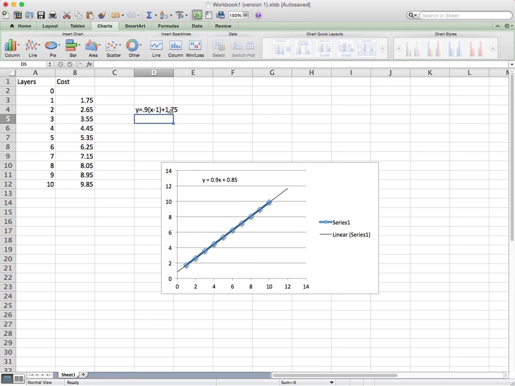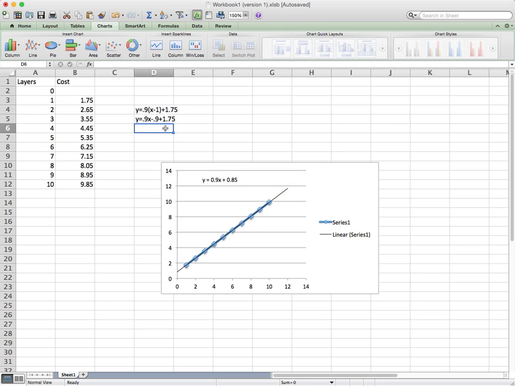Well, to show that these two are actually equivalent, if we distribute this 0.9, you'd have y equals 0.9x minus 0.9 plus 1.75. Well, if you take negative 90 cents, add it with $1.75, you would have exactly 85 cents here, right?